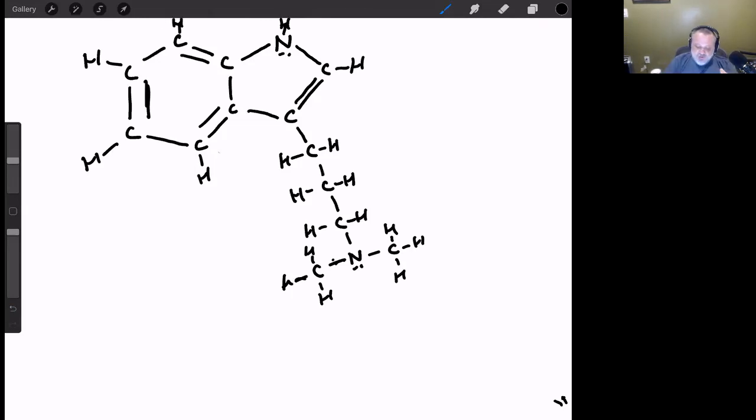Let's say we had something like this. Well, how do I sort this out and make it into a line structure? Well, what do I have over here? I've got a 6-membered carbon ring connected to a 5-membered carbon ring, but that's a nitrogen, so I want to make sure that I show the nitrogen.